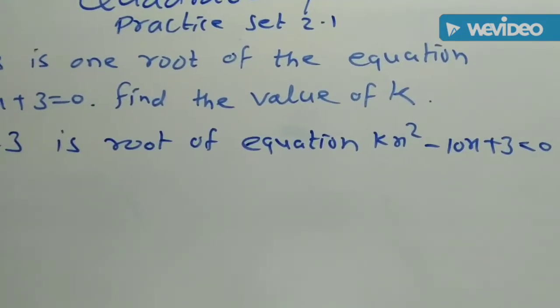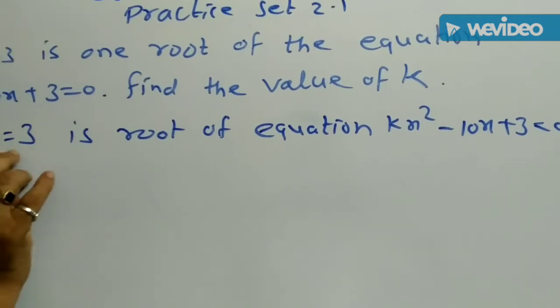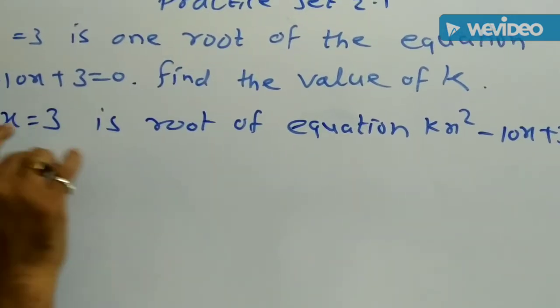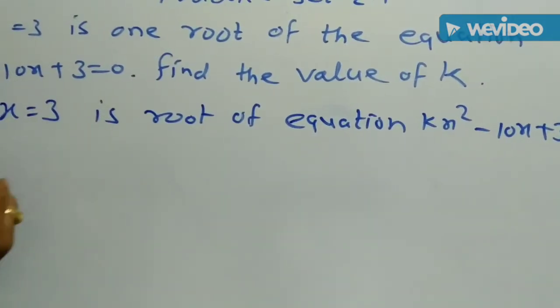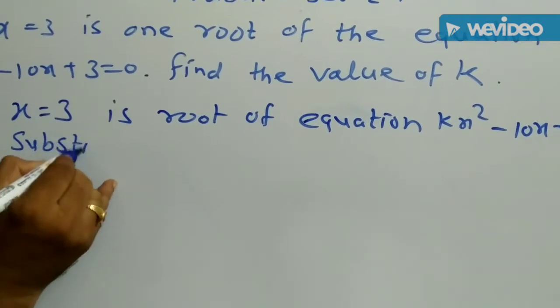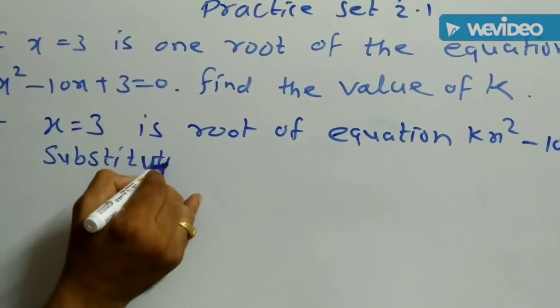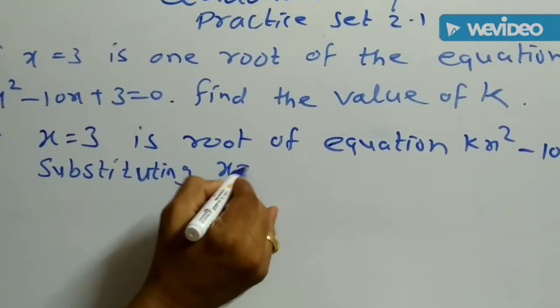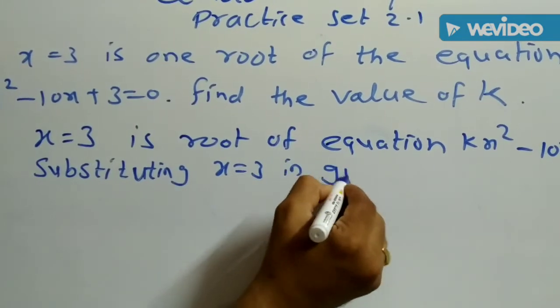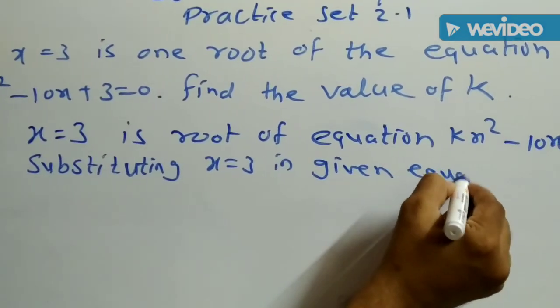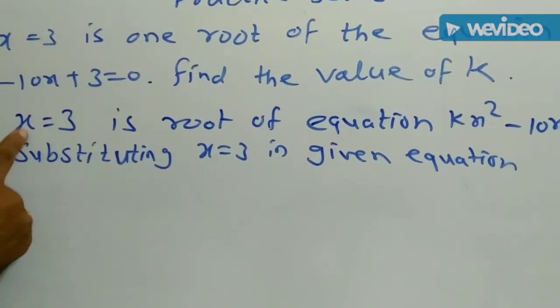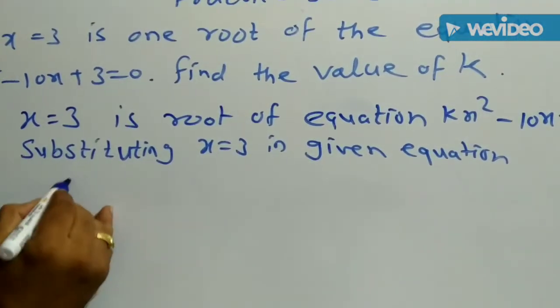It is a root, that is, this value x = 3 satisfies the given equation, and therefore substituting x = 3 in the given equation. Instead of x we put 3 in the equation.